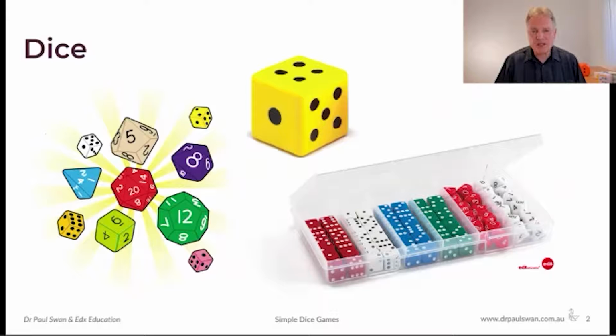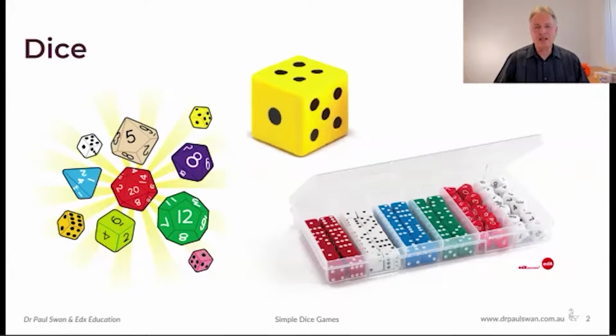You can get 4-sided, 8-sided, 12-sided, 20-sided even if you wanted to. Probably the most useful set in a classroom would be the ones that have the 6 and the 10s in it. And having a little box like the one I've just illustrated there helps get your things in and out. And we've chosen different coloured dice because that means you can refer to different colours.